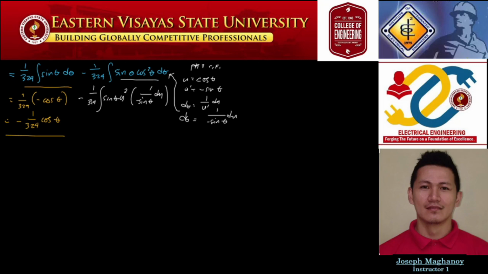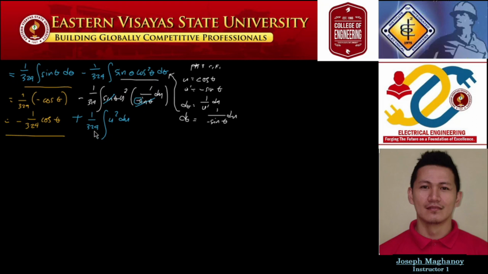Okay? So we cancel out the common sine theta. So we have a remaining negative. Negative times negative, that is positive. So the remaining is 1 over 324, that is positive, integral of the remaining u squared du.